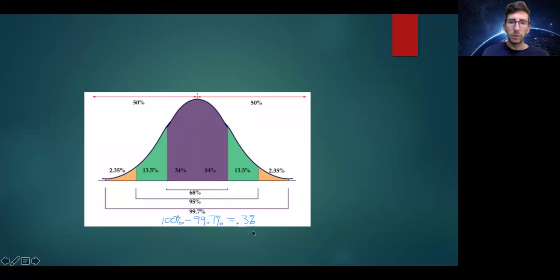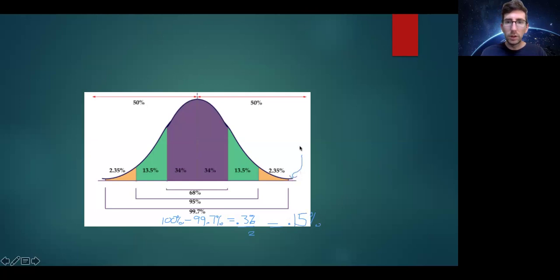So if you divide 0.3 by 2, I believe it's 0.15. Let's see. I don't think it's 0.015. Yep, so this would equal 0.15% on each side.